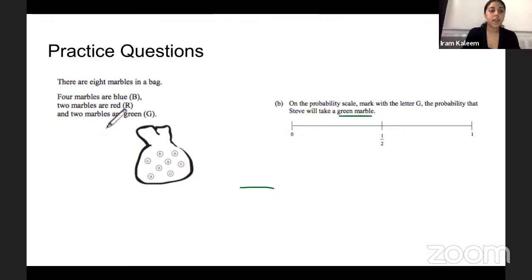There are 2 which are green, so put 2 at the top, out of a total of 8 marbles. So it's 2 over 8, which simplifies to a quarter. A quarter is halfway between 0 and 0.5, so I'm just going to mark it here. That's where a quarter would go on the scale, and that's the probability of picking green.